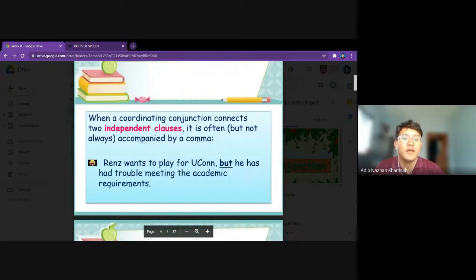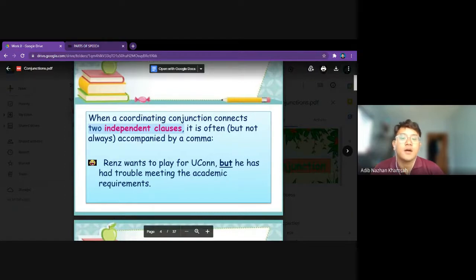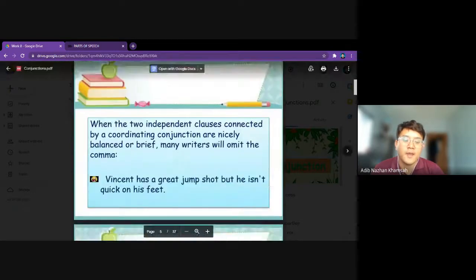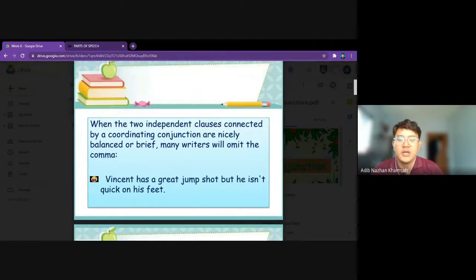When a coordinating conjunction connects 2 independent clauses, it is often, but not always, accompanied by a comma. Renz wants to play for Yukon, but he has had trouble meeting the academic requirements. This underline here is the conjunction, tetapi. When the 2 independent clauses connected by a coordinating conjunction are nicely balanced or brief, many writers will omit the comma. Dia akan buang comma tu.